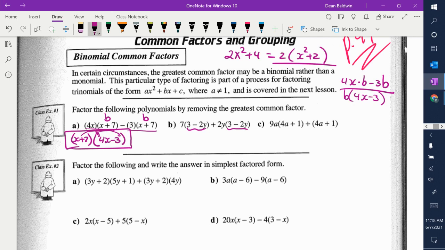It's just a common factor that's in both terms. So 7 times 3 minus 2y plus 2y times 3 minus 2y. The common factor is the whole bracket, 3 minus 2y. So that is what comes out. What's left on the inside? 7 plus 2y.